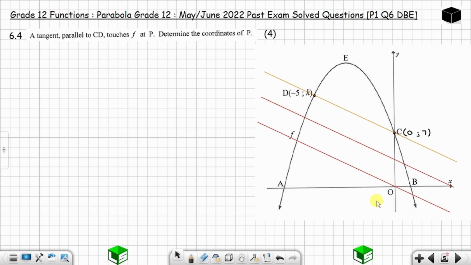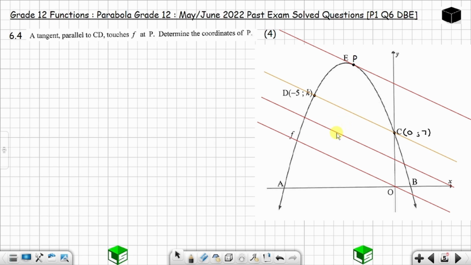So you can see the tangent can only be obtained above this line CD. It can be somewhere there, touching the curve or the parabola at that point. Can you see that point? And this point is known as P. Okay, let's call it P.